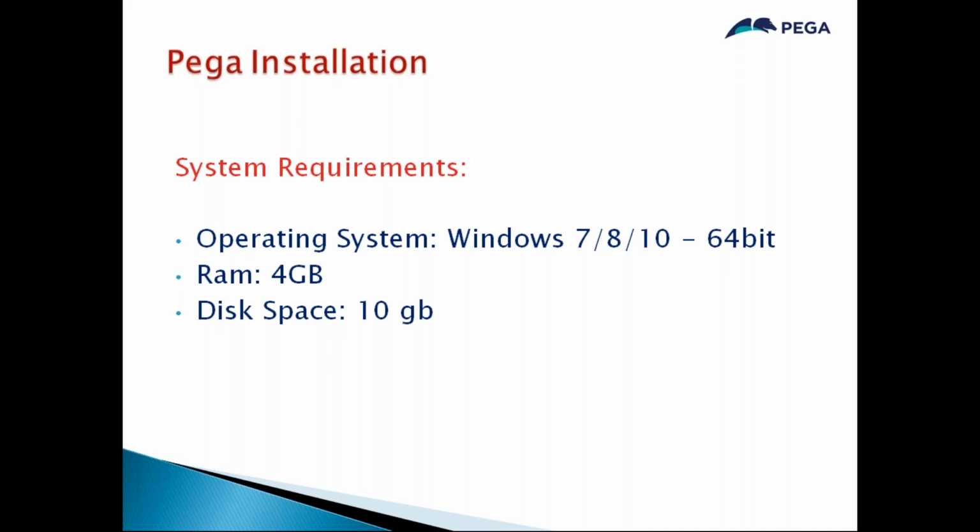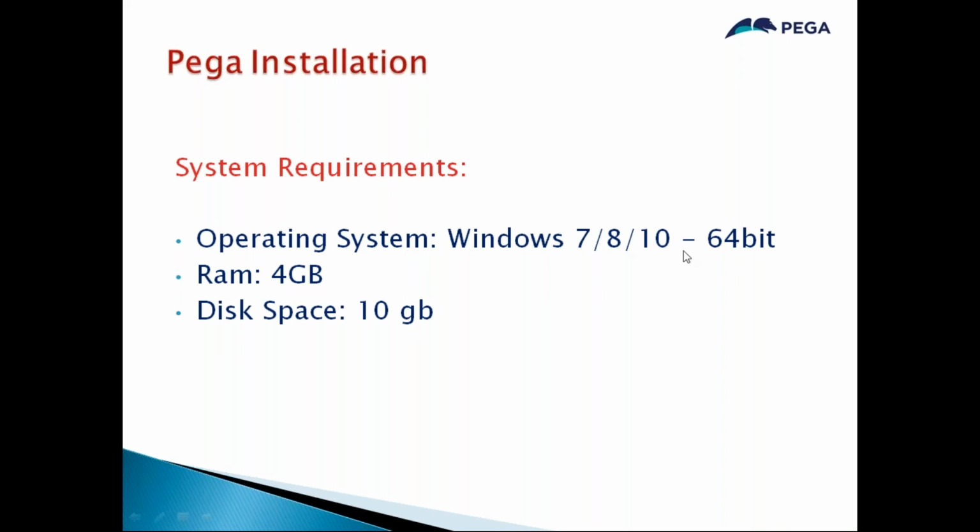I'll discuss the difference in the next session. Maximum, the same application you are going to use in real time, you can install on your systems also. It's a full version. You'll get full access, and you can develop a complete application in the personal edition with the same features and look and feel. And if you want to install, these are the requirements.